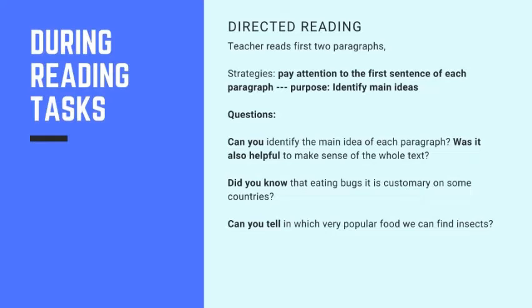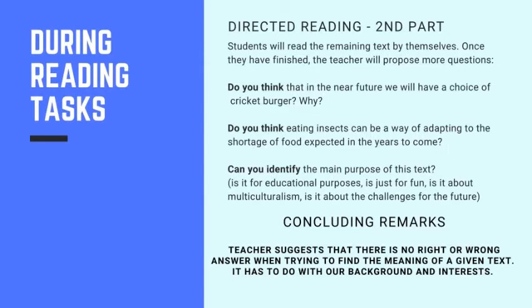Once the first 2 paragraphs have been read out loud, the teacher can ask students some of the following questions. After this, we continue with the reading of the remaining text, and once they have finished, we will propose 2 or 3 final questions, but in order to make them think, not to check comprehension.